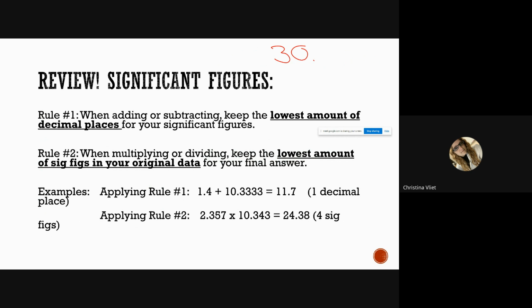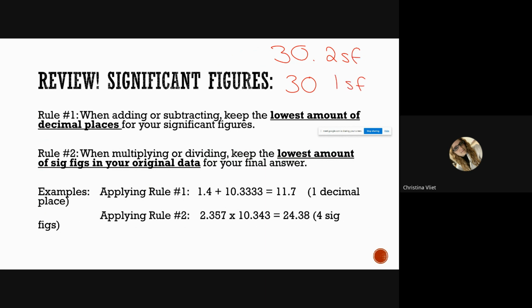Anybody remember that? In order for the zero to be significant on the right of a non-zero number, there has to be a decimal. So just to answer your question, I'll write it at the top here. This would be two significant figures, and this is one significant figure.